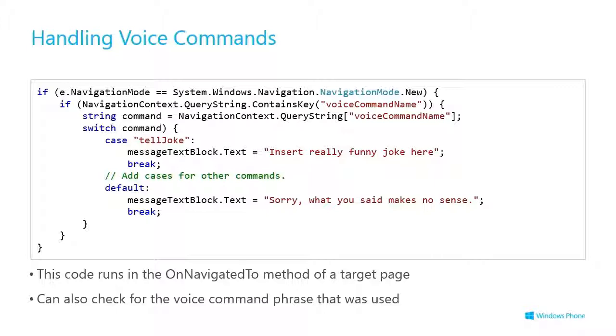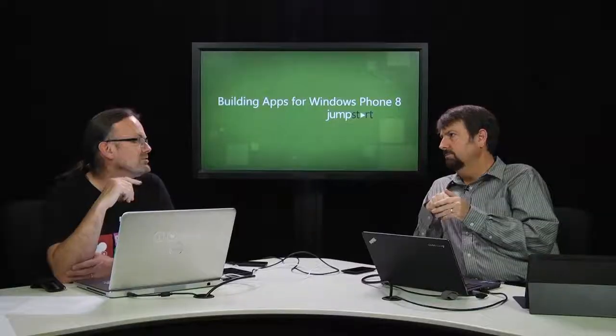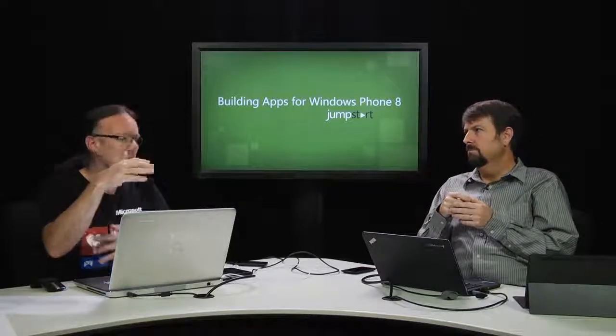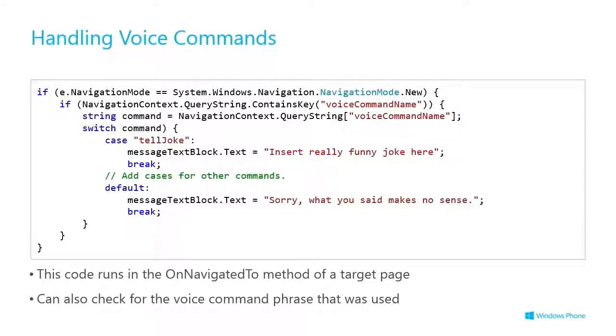Based on what's in that, he's doing a case statement, a really simple thing here with showing a message box. So this enables scenarios like you could say, my sports app, show results for Chelsea or something. Absolutely. So in that logic on the OnNavigatedTo, you'd figure out what team they'd asked for, and then you could put up the relevant information on the page that they've asked for. Yeah, that's excellent.